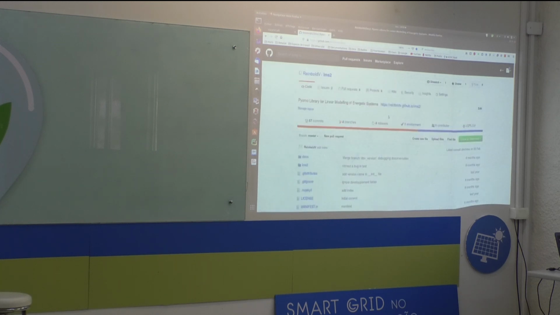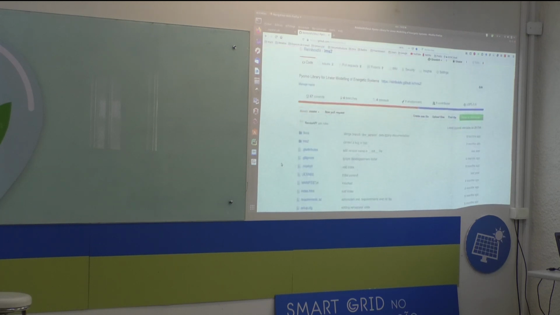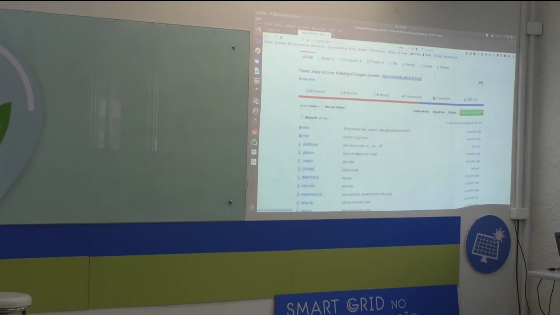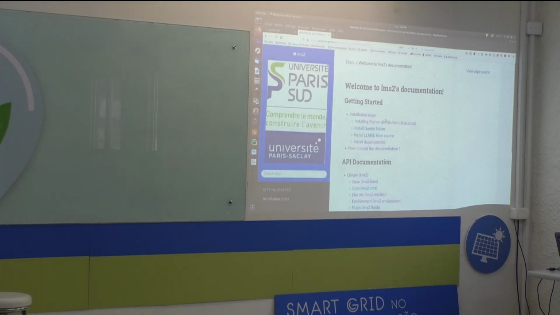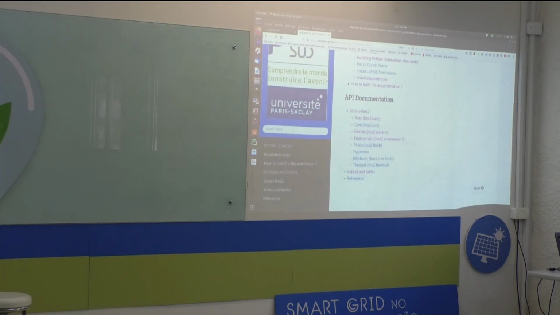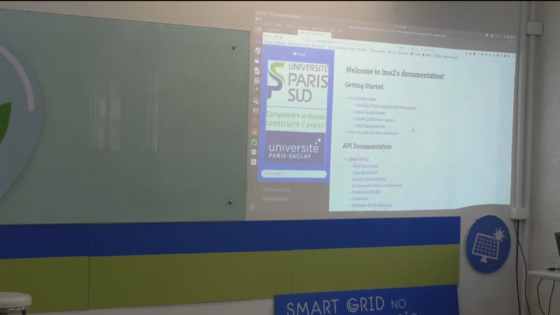Faz tempo que eu não fiz uma update desse site, mas vocês podem acessar o site aqui e acessar todo tipo de modelagem aqui. Eu acho que daqui a pouco eu vou botar uma versão mais nova da livraria.